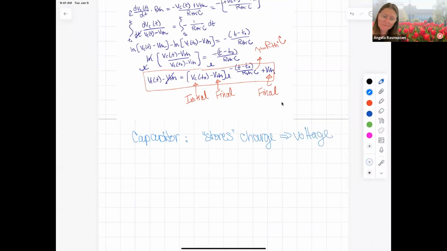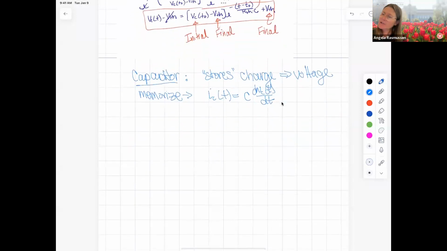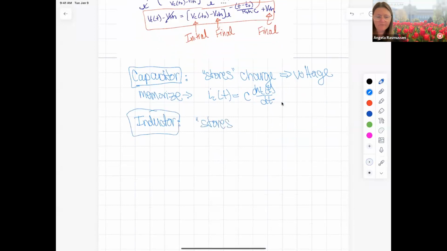Memorize the equation. And then the inductor, it stores energy, which relates to current.